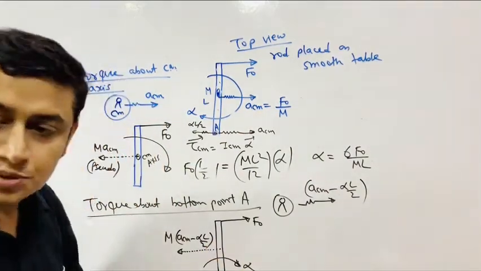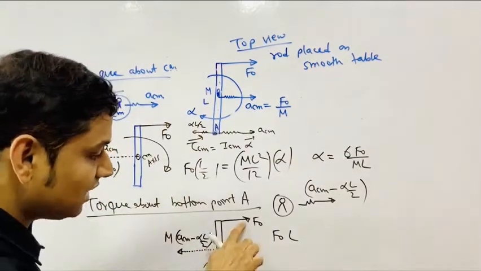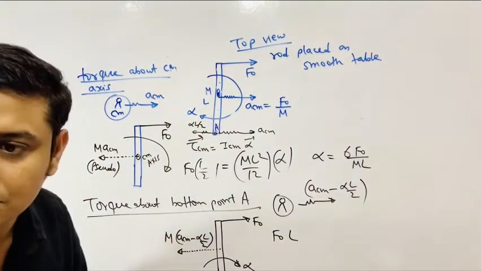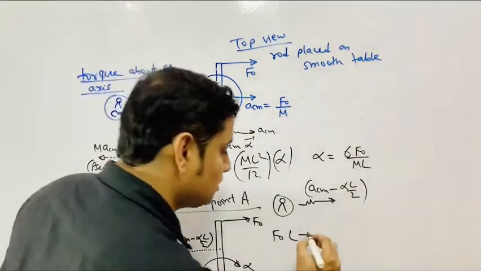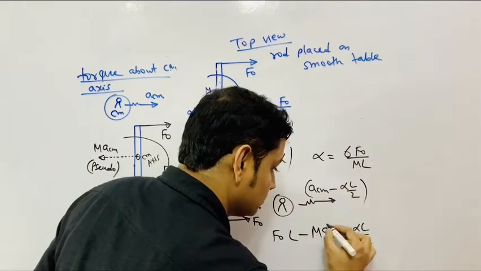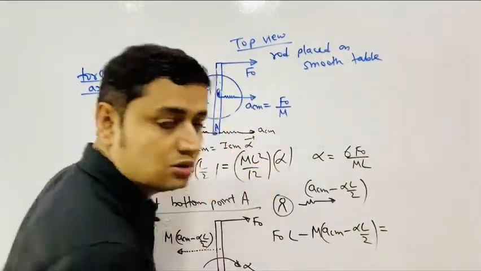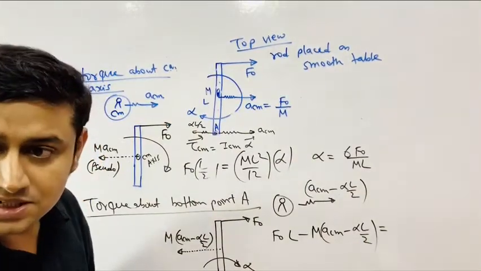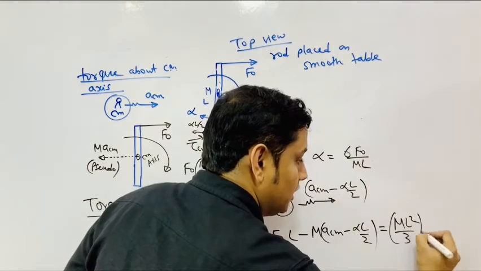So what would I write? I would write about this point, torque is F naught into L. Understand? This F naught is acting at a distance of L from this axis. F naught into L minus the torque of this pseudo force, M into (ACM minus alpha L by 2), is equal to the moment of inertia over this axis, ml square by 3, into alpha.